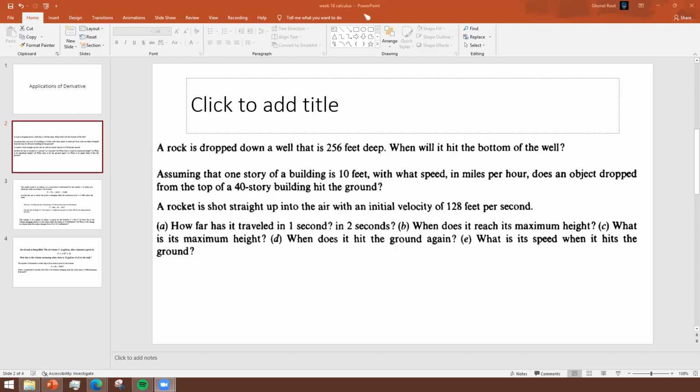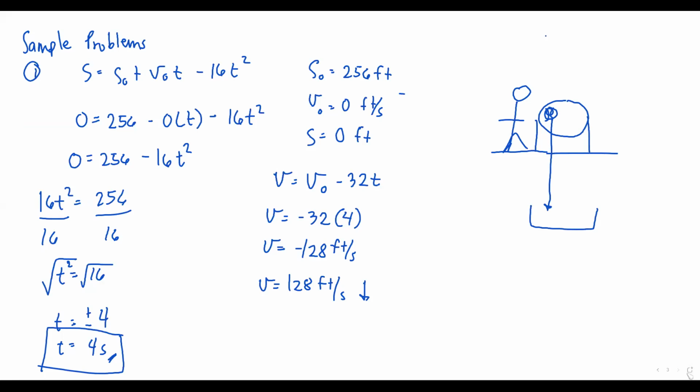So technically, we have the height of the building. Problem number 2.